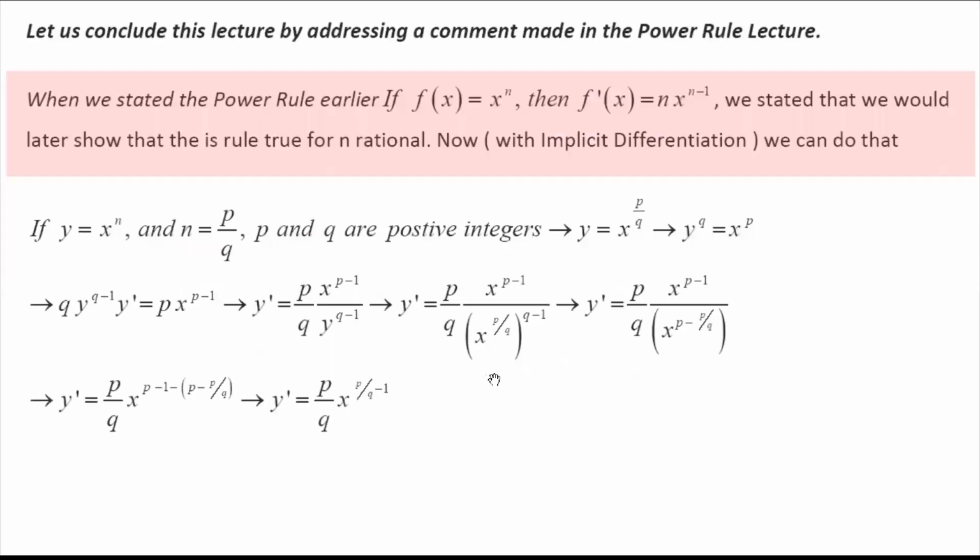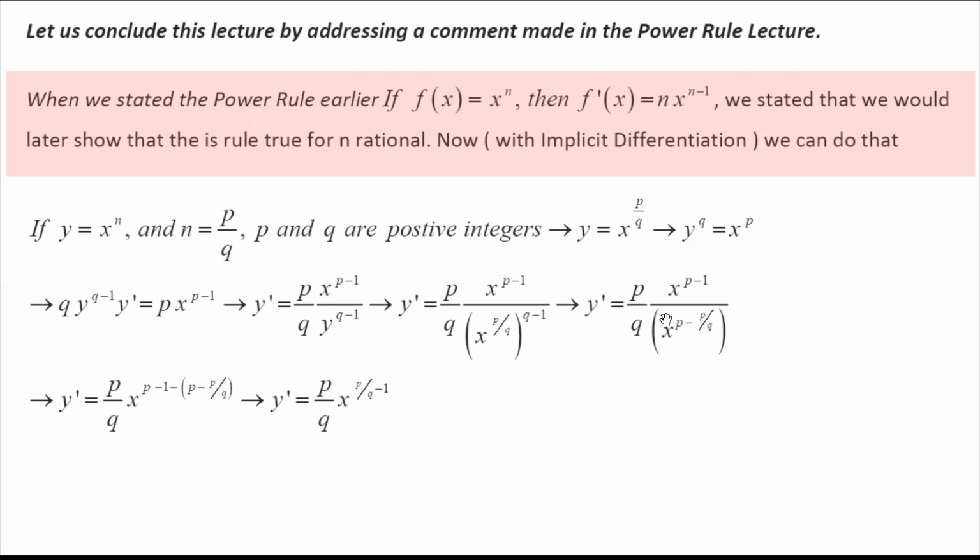Okay. We'll make that a little larger for us to see. And now the only thing I'm doing here is multiplying this times this. When you multiply p over q times q, you get p, and p over q times negative 1 is negative p over q.